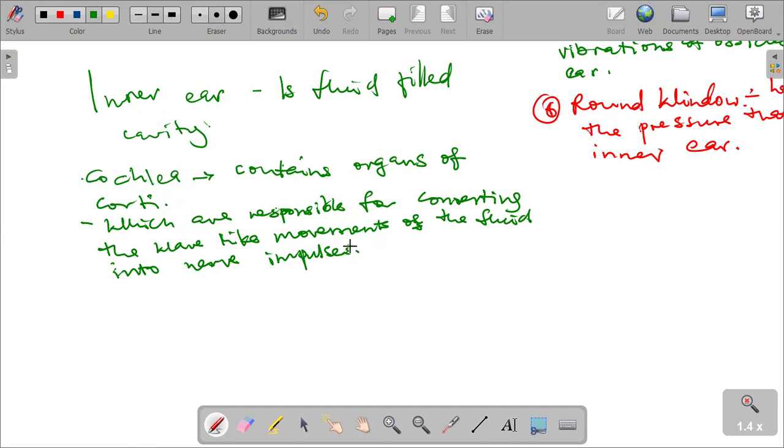So the wave-like movements from the inner ear are converted into nerve impulses, such that they can be transferred to the brain for interpretation.